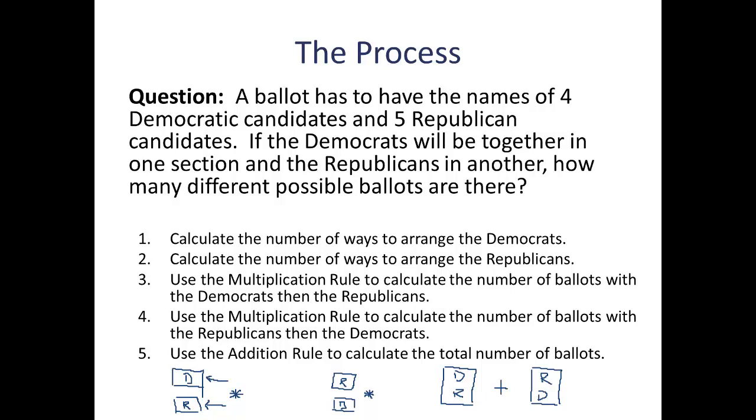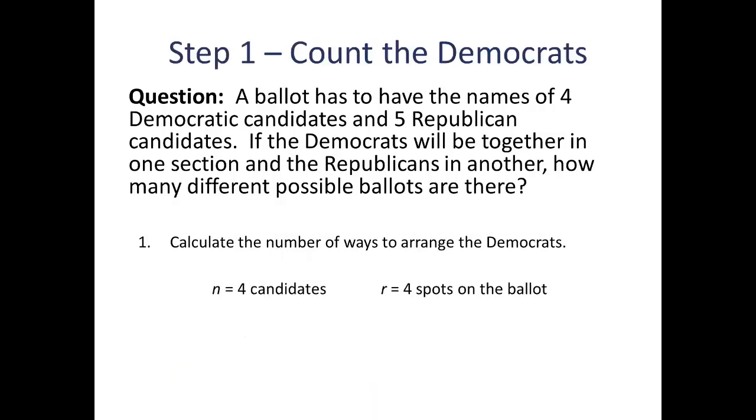Let's start walking through this process with some numbers. First, we're going to count the number of ways the Democrats can be arranged within their section. We have 4 Democratic candidates, and they're all going to go on the ballot, so we have to arrange them in a group of 4. Now, the order they're placed on the ballot matters.